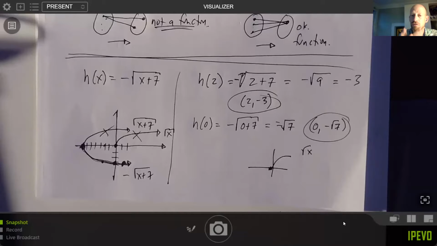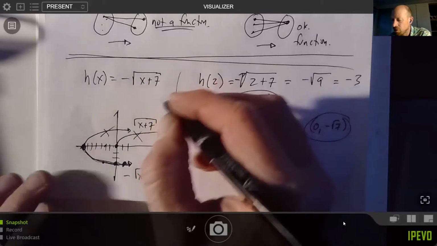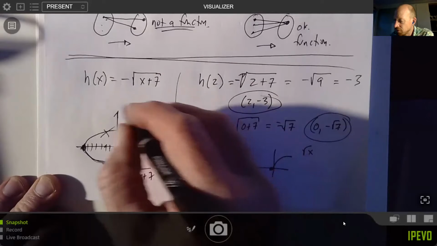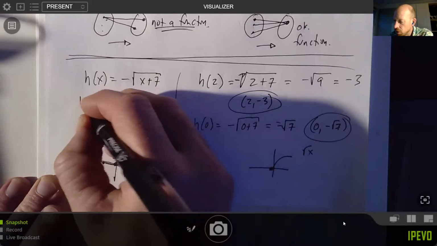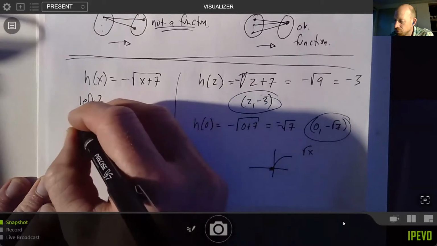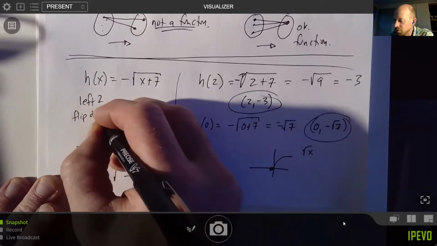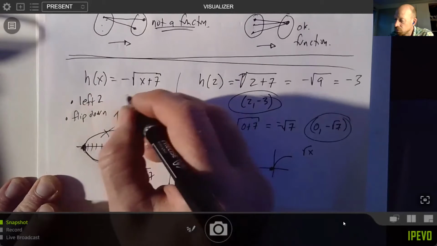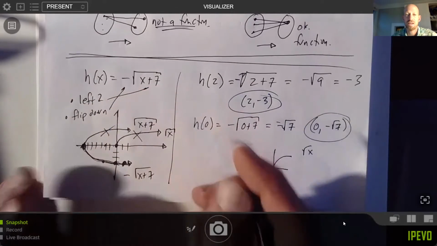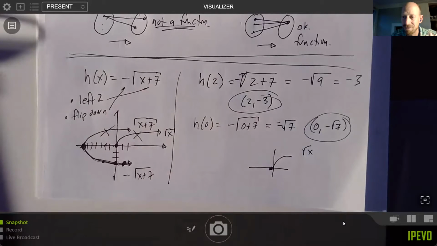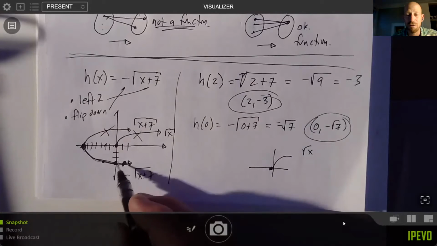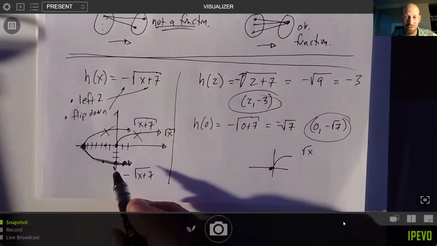I strongly encourage you when you do these to say shift left, flip down. So you're just indicating what you're doing, because what happens sometimes is people may know what they're doing, but they end up with a graph that does not look right, like their artistic skills got tangled up.